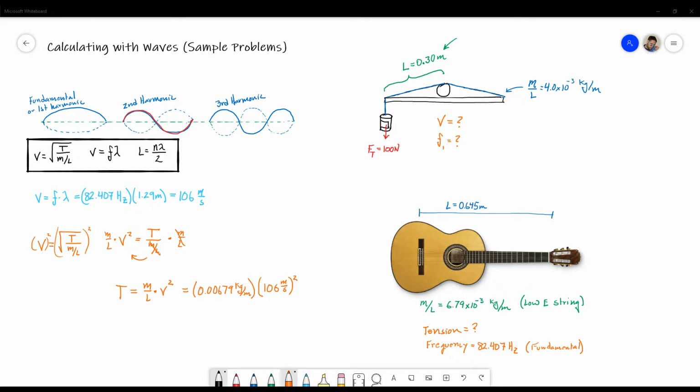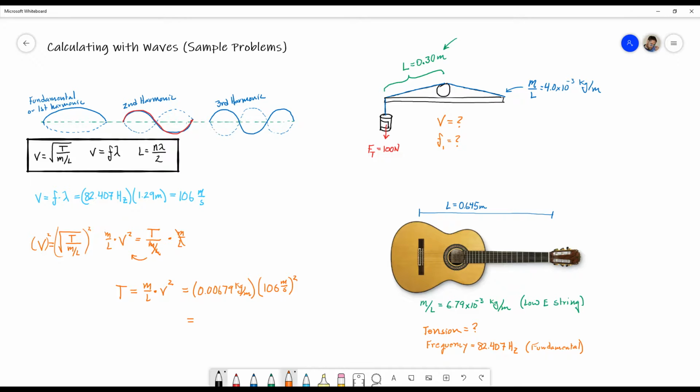And if I hit equals, I'm going to walk away with a number that is 76.29, or maybe I should just do 76.3. And the units on this one, because we're talking tension, is in newtons.